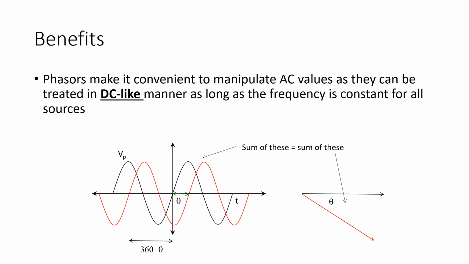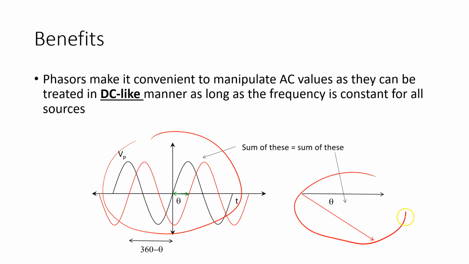So what are the benefits in using phasors? Now that we've gone through the graphical part of it, you could see that if we have two sine waves, and this could be like the voltage across a resistor and the voltage across an inductor, there is a difference between summing these sine waves together or summing these vectors together, and I think we know which one is easier there.